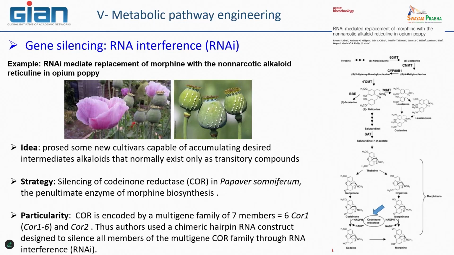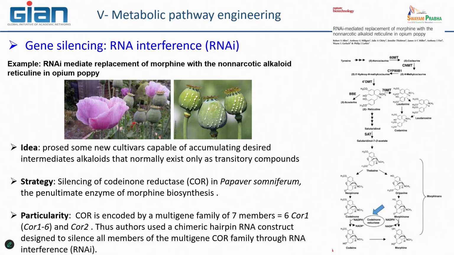So they decided the first time to silence all the COR proteins in order to see the effect of having no possibility of this conversion. So what can we do when we have, for example, here 7 members of this family that are organized in 6 class 1 and 1 class 2?